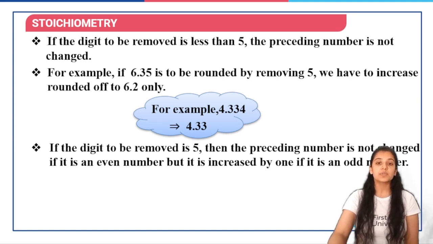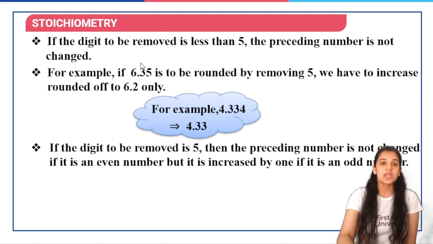And if the digit to be removed is 5, then the rule depends on the preceding digit. If it's less than 5, that is 4 is being removed, it will be 4.33.